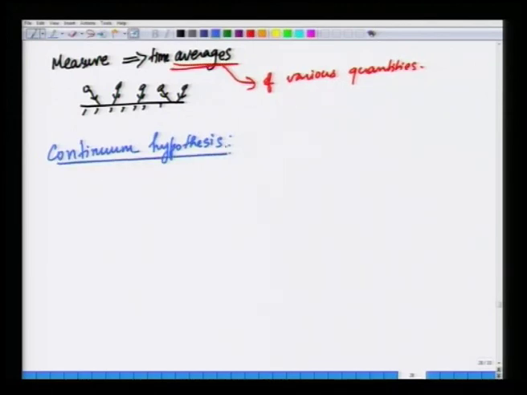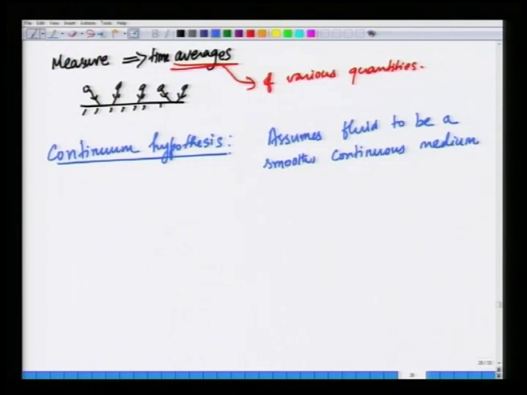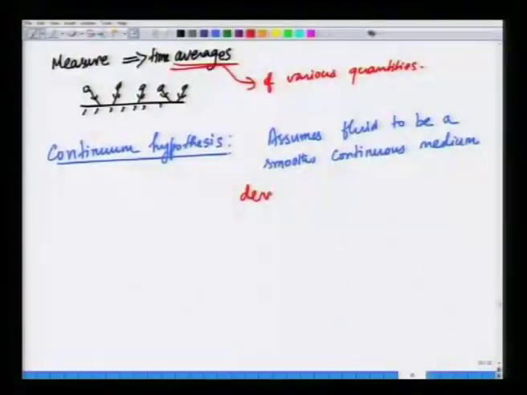The continuum hypothesis assumes the fluid to be a smooth continuous medium, and various quantities of the fluid, various properties of the fluid, for example, density, which is denoted by the letter rho, and pressure.